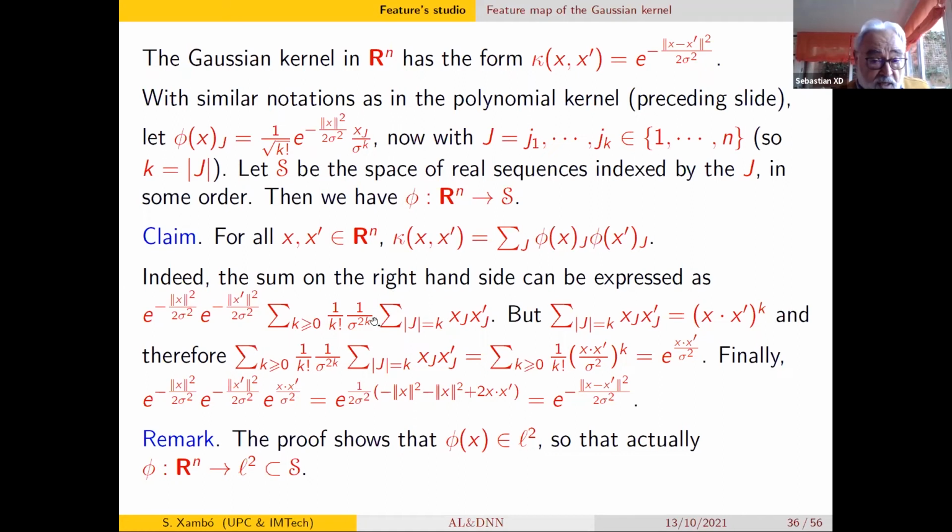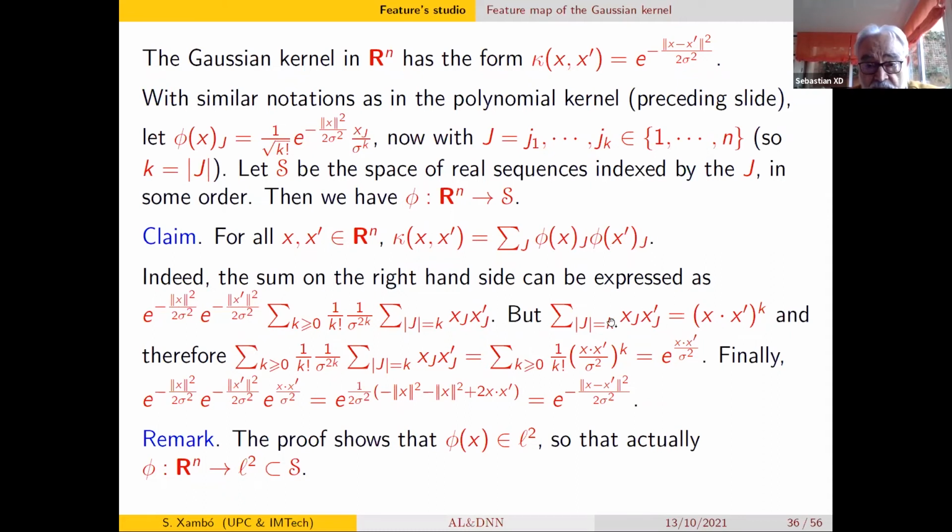Well, indeed, this again is a little algebra. The sum on the right-hand side can be expressed by using this. You just take what is phi of x sub j, phi of x prime sub j. You take these expressions, and you get this times this sum.